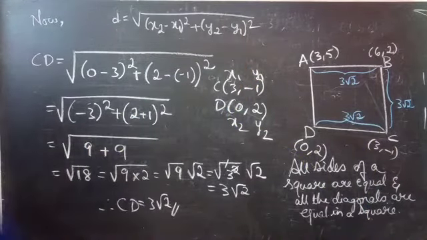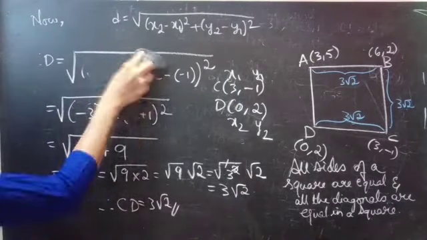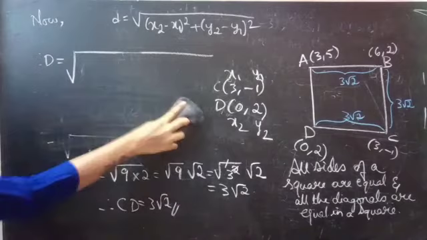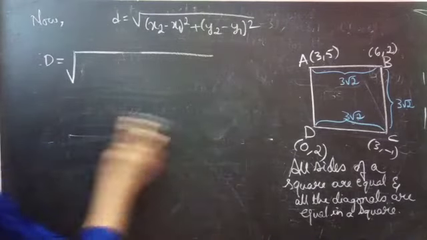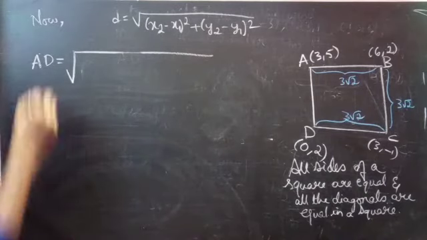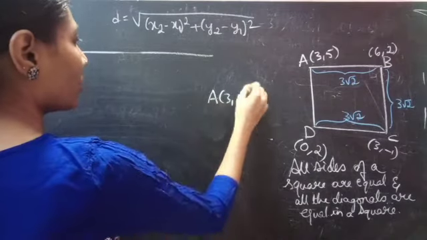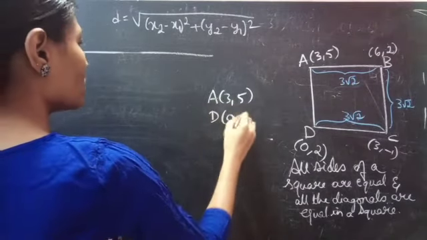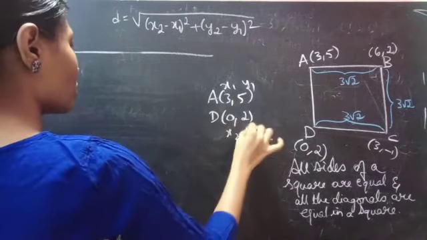Now coming to distance AD. You're having A 3, 5 and D 0, 2. X1, Y1, X2, Y2.